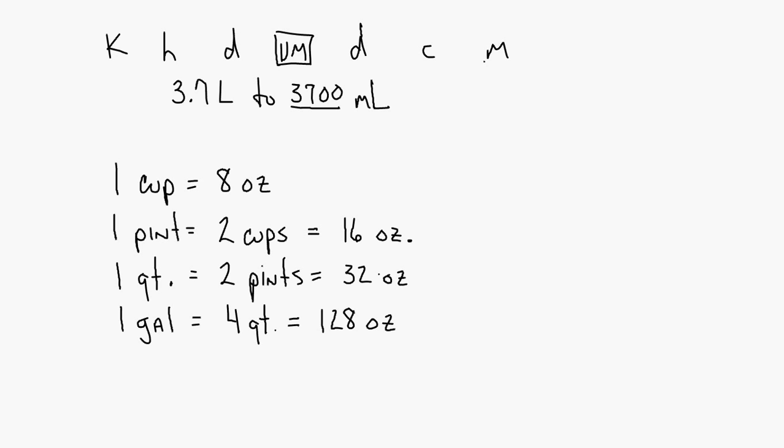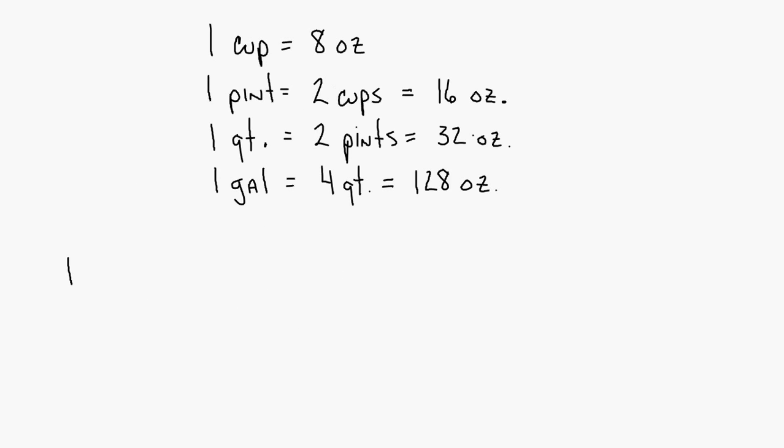So okay, they're going quarts to gallons now. Quarts to gallons. 16 quarts equals how many gallons? 16 quarts, QT, equals blank gallons. 4. You're going from small to big, right?